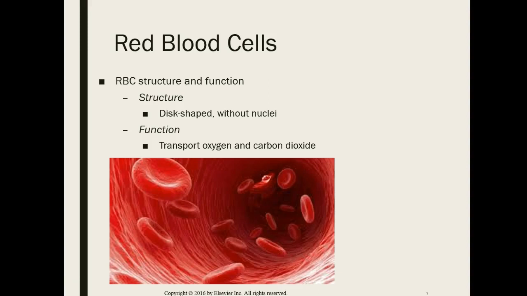So because there's no nucleus in these red blood cells, they are unable to reproduce themselves or replace those lost or damaged cellular components. So that's why we are constantly undergoing that hematopoiesis process, to replace the damaged and lost red blood cells.